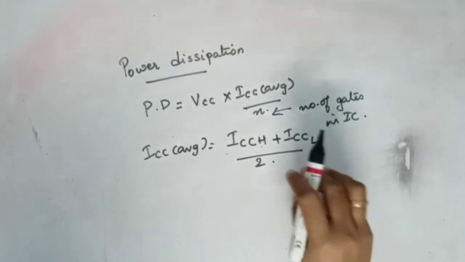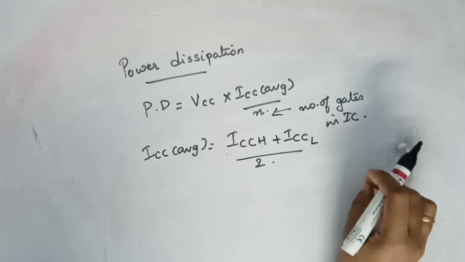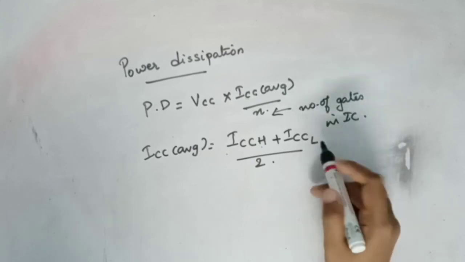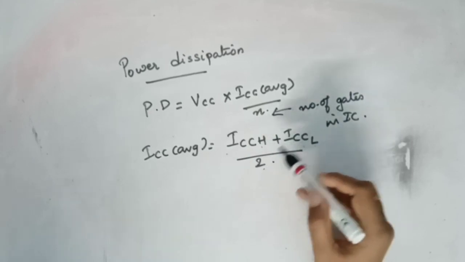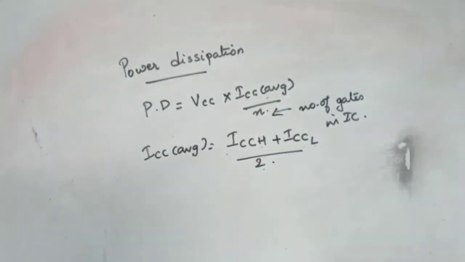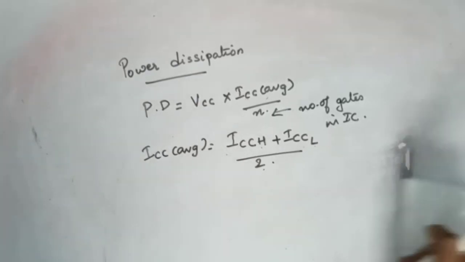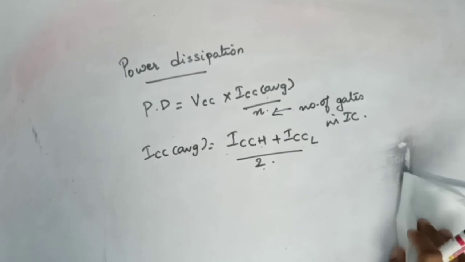ICCL is when all the gates inside the IC are in low. That is the lowest current. So the average of these two is the ICC average. So these are some of the terms which you should know in the case of logic families.